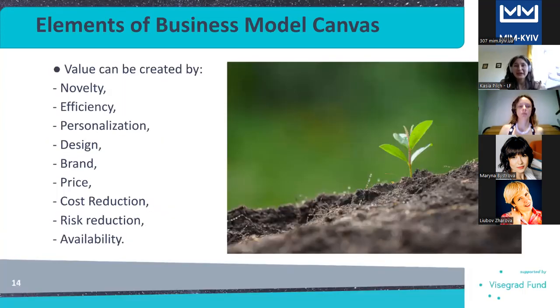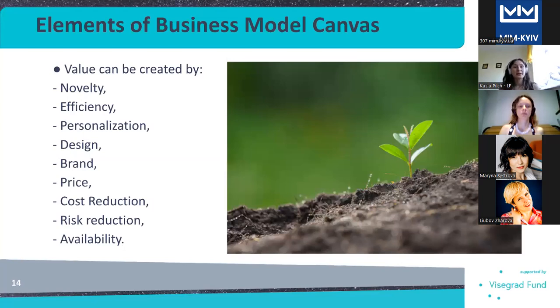Talking about value, value can be created by many different aspects. It can be because your product is novel, something no one else has done before. It might be because your product is efficient and makes your customer's life easier.